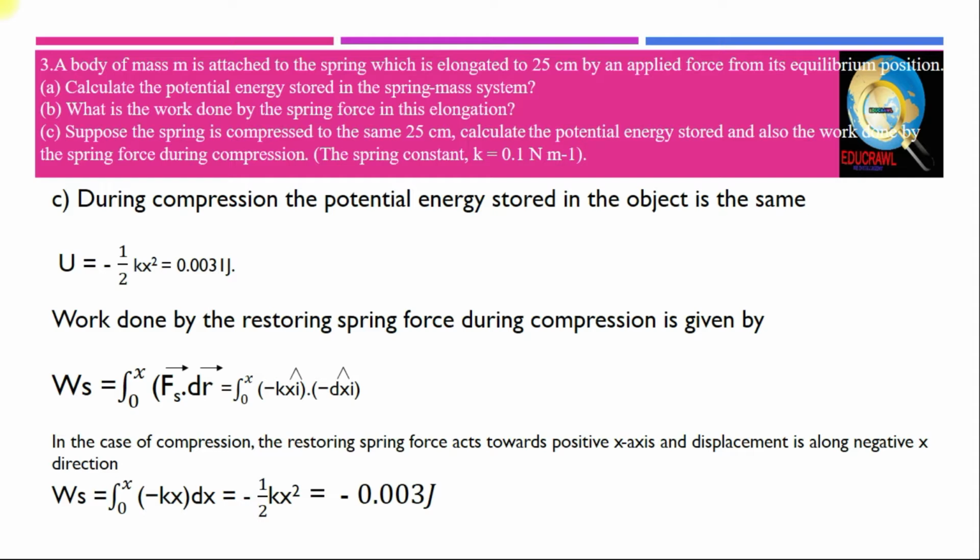Since the restoring force and the displacement are against each other, we will have a negative sign here. So once again, you take the constant outside, and when you integrate x, you have x squared by 2. Substituting the k value and x value, you will be getting the same answer, 0.003 joule.